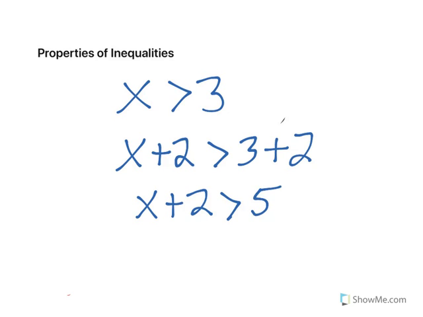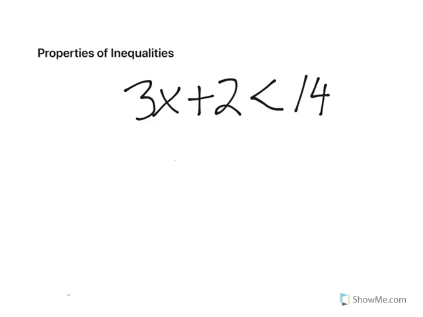And it makes sense. And if I use a greater than or equal to, it works the same way. If I use the less than, it works the same way. If I said x is less than 3, then x plus 2 is less than 5. So they all work the same way.